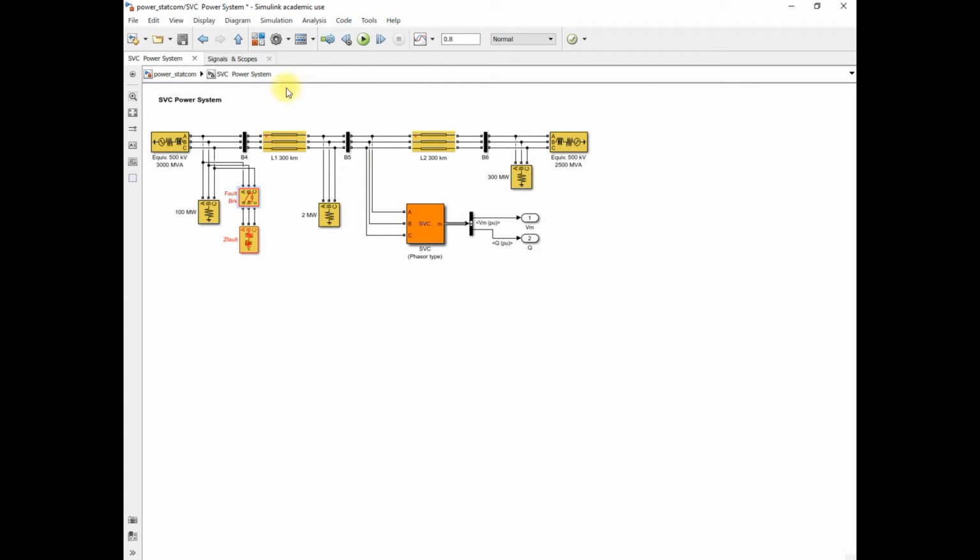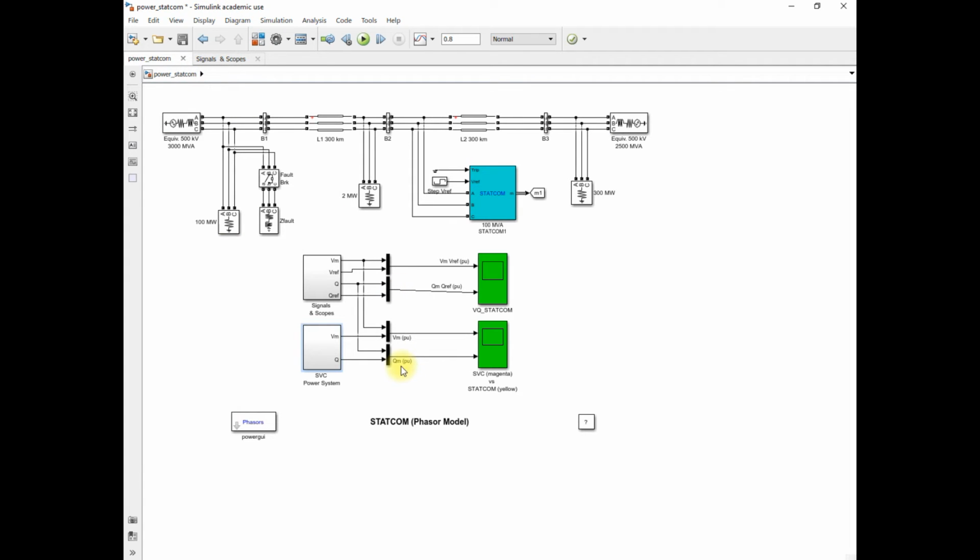So there are two graphs, VM and QM, in this scope. The magenta or blue line represents the SVC parameter and the yellow line represents the STATCOM parameter.